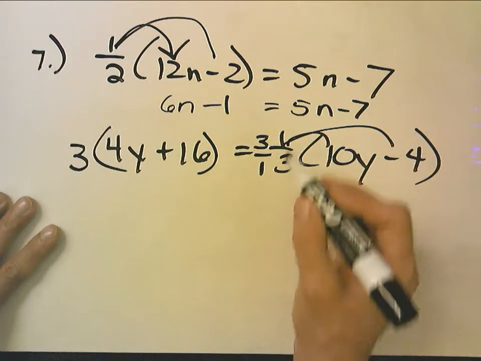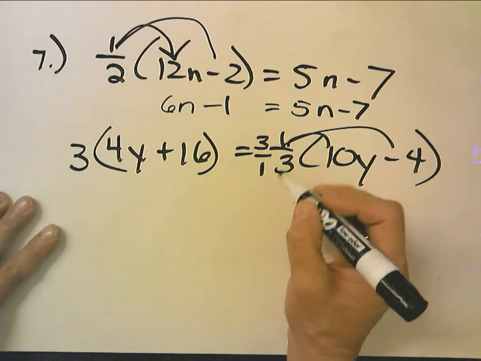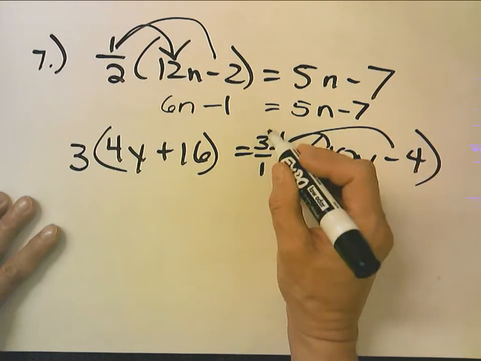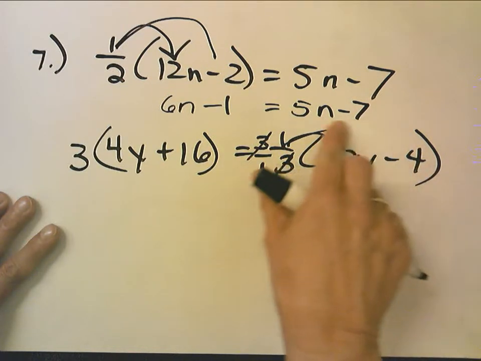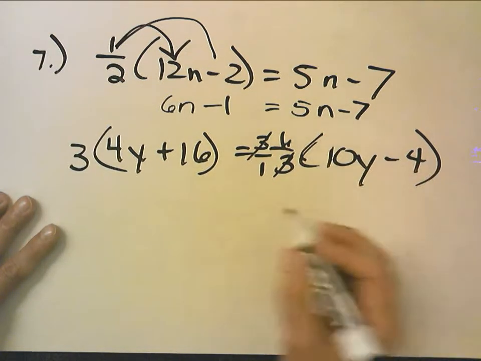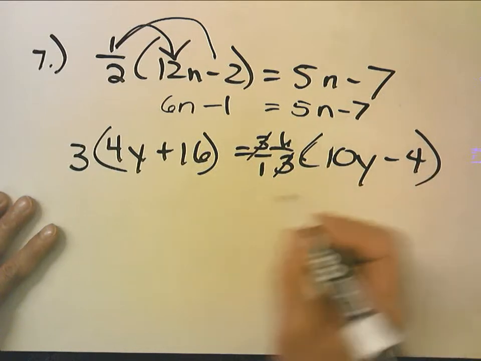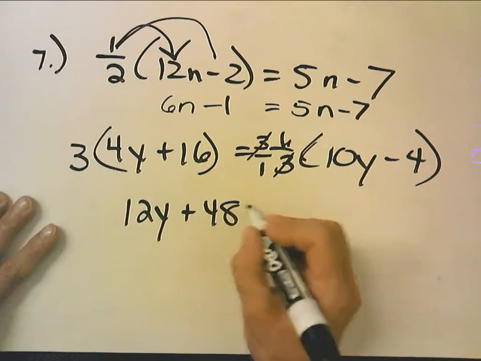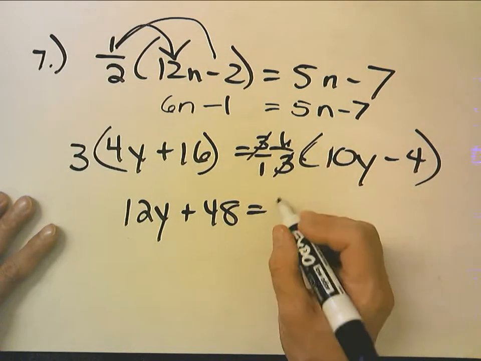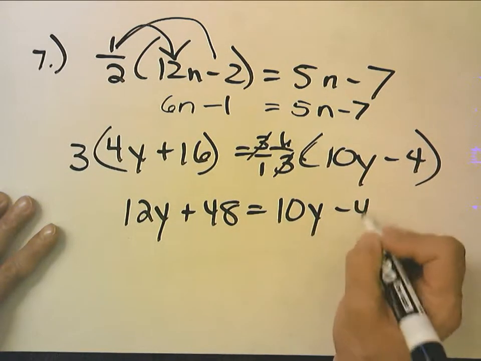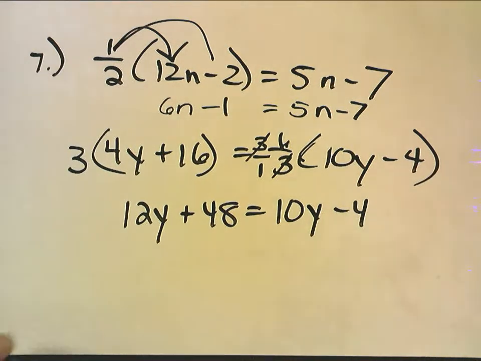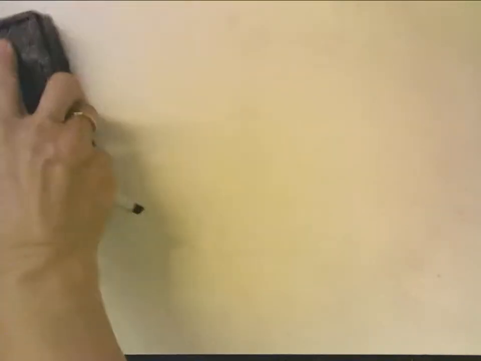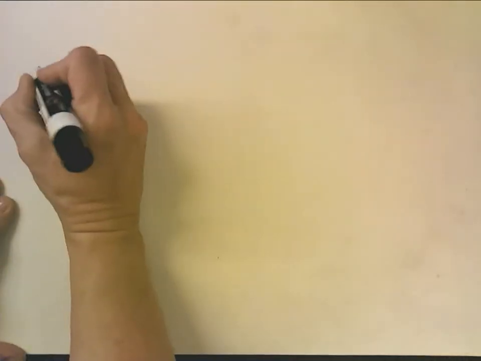But now remember, when you multiply grandma, you only multiply grandma. You don't multiply the grandchildren. Grandma will take care of multiplying the grandchildren. So this will be 12y plus 48 equals, and this whole thing went to 1, so 10y minus 4. So I just wanted to show you that as an example of how sometimes you can clear an equation of fractions just by distributing.